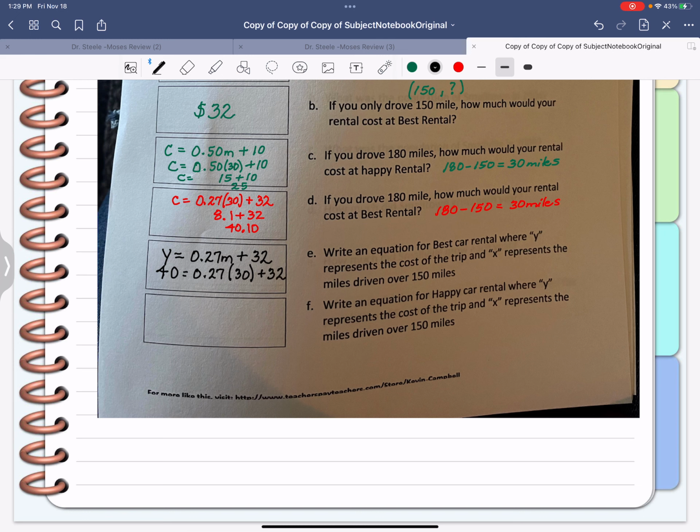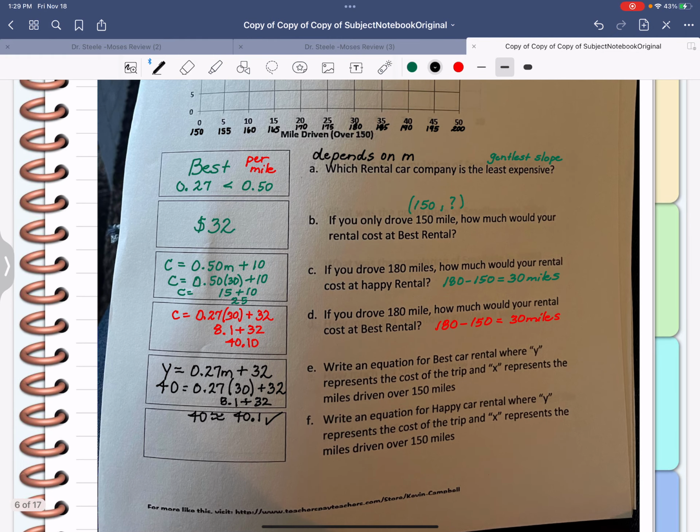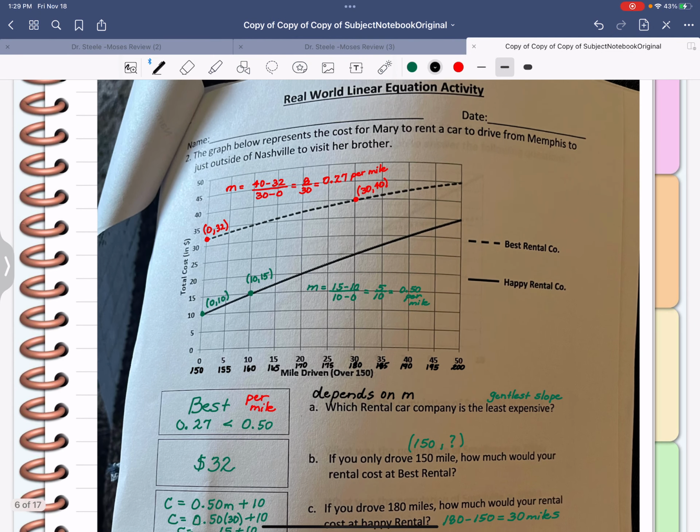Now remember, I rounded on these, so it may not be spot on, but it needs to be close. 0.27 times 30 is 8.1, plus 32 is $40 and 1 dime. So this is close. Given the fact that I rounded, I'm going to say that's correct. That's close enough given the rounding to fit. So my equation is good. That's a workable equation for that particular graph.